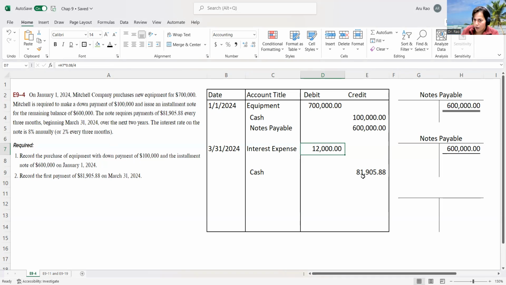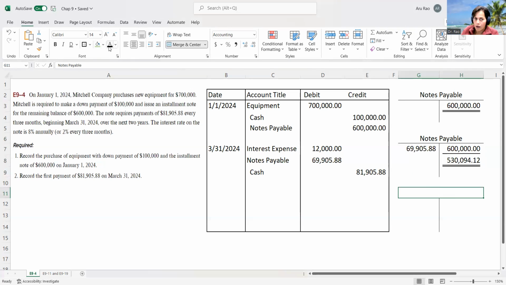So of this amount that I paid today, my first payment, $12,000 of that is interest. The balance was towards the liability, the notes payable. That number works out to $69,905.88. It's just a balancing figure over here. Notes payable is debit. Let me plug that number in, post the number and come up with my ending balance.